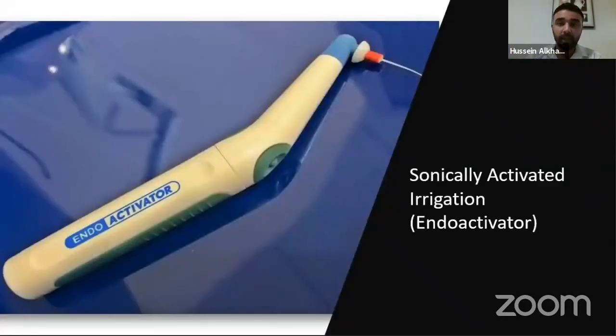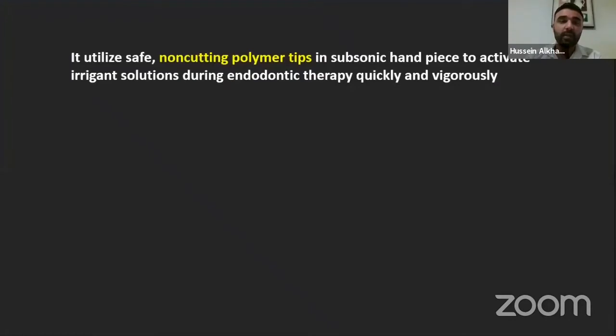The second technique is sonic activation or agitation. Many devices were introduced in the market which utilize sonic vibration to agitate or activate the irrigation agent. One of them, and most commonly known, is the EndoActivator. This device utilizes safe and non-cutting polymer tips. It has good safety and benefit.